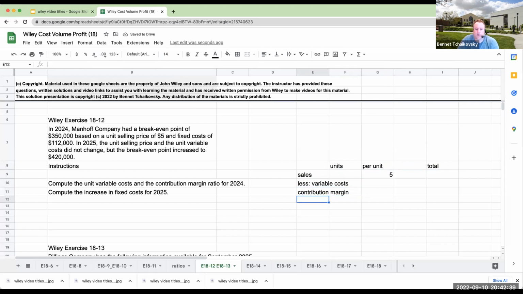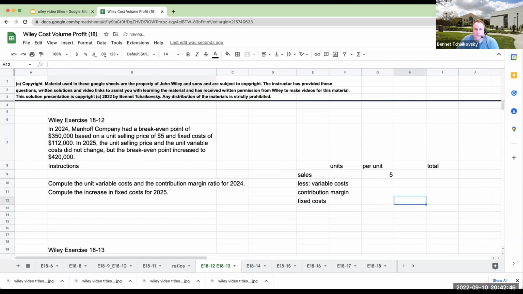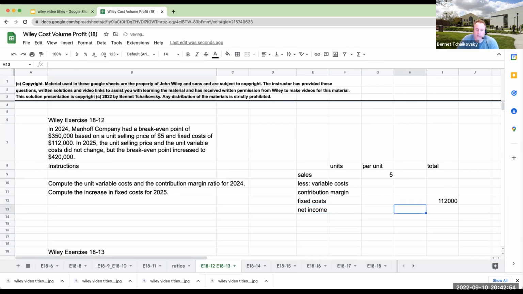Then we have fixed costs, and our fixed costs are 112,000. So our net income basically is going to be 0.